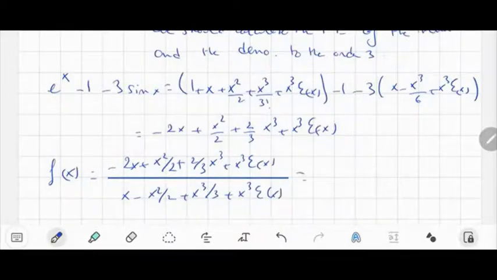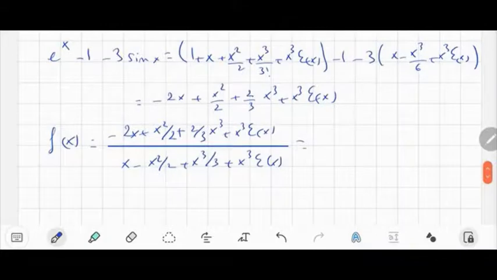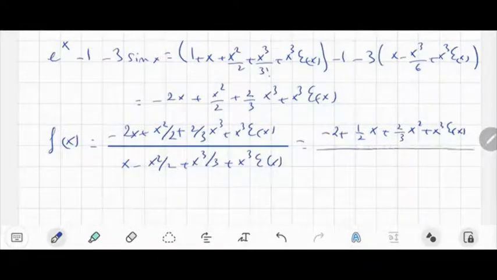By simplifying x, this will be equal to minus 2 plus 1 over 2 x plus 2 over 3 x^2 plus x^2 epsilon of x, over 1 minus 1 over 2 x plus 1 over 3 x^2 plus x^2 epsilon of x.